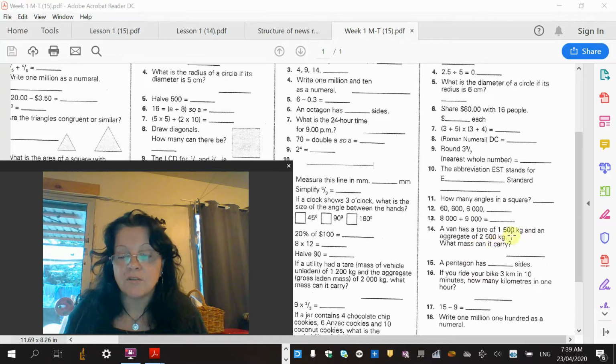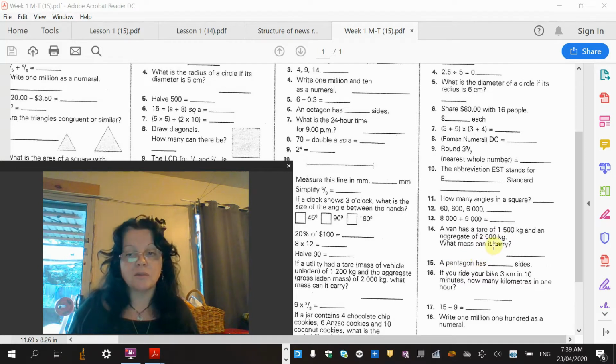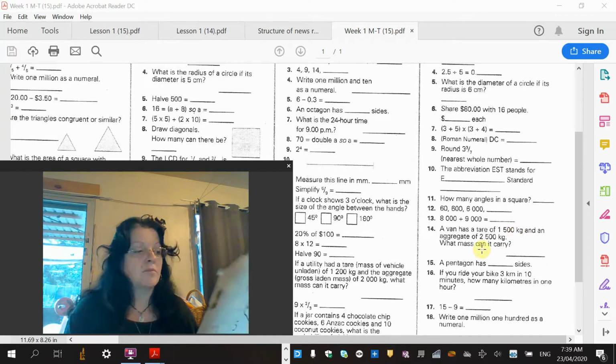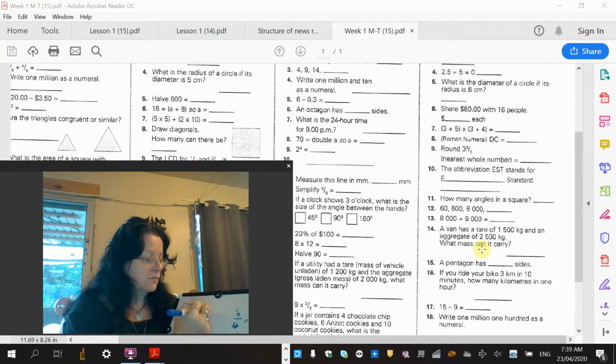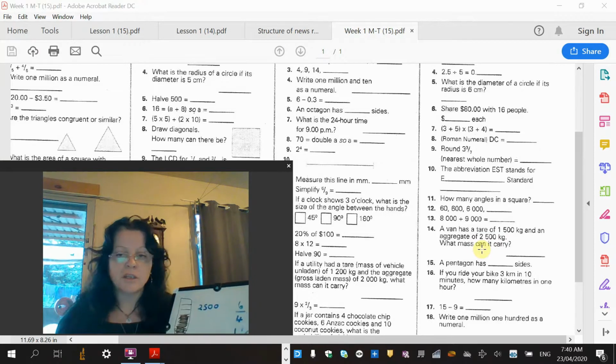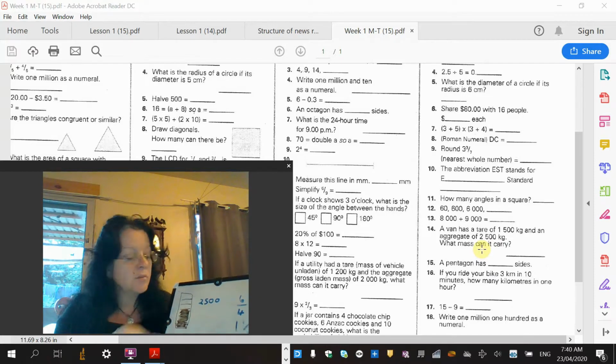2,500. So this is the van just on its own. This is the van or ute loaded up with something in the back. That's why it's heavier. So what mass can it carry? So obviously we need to take the smaller number, which is the actual weight of the ute, away from the bigger number, which is how much the ute is when it's loaded. So we say 2,500 kilograms, which is the ute loaded up.